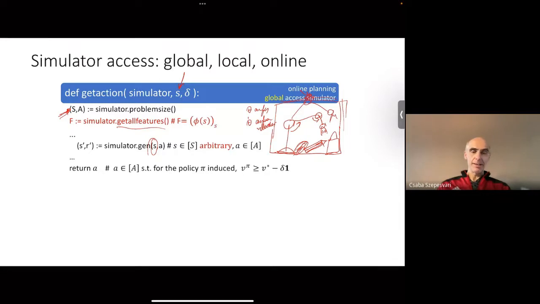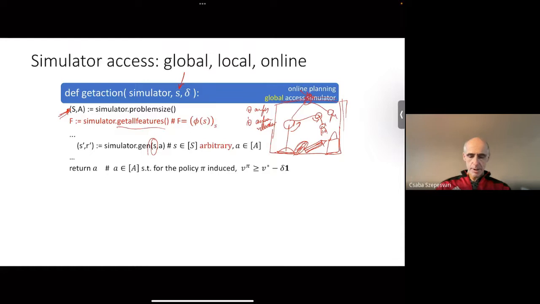But just demanding that the simulator should give a complete description of all possible states is not going to happen for most. I mean, in some cases, it's true. You can make it happen, but very often this is hard to do. All right. But this is global access. It would be nice if you could have it. This is the dream. So what else can we do?